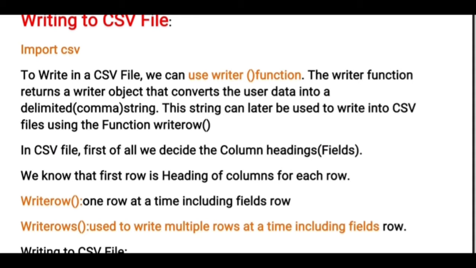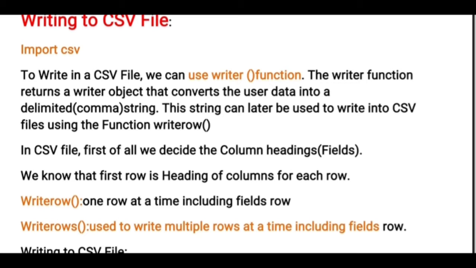What I'm trying to say is that every function returns something, and there is a specific task allocated to each function. So this function converts the user data into comma separated values. That string can later be used to write into the CSV file using the function writerow.